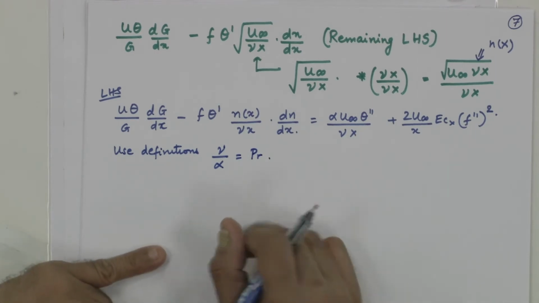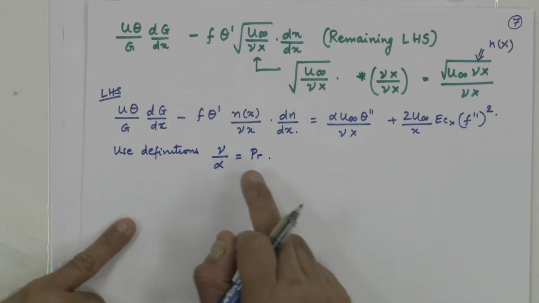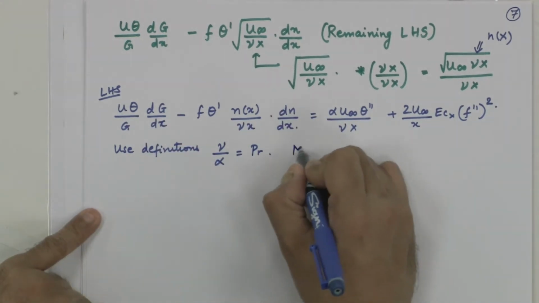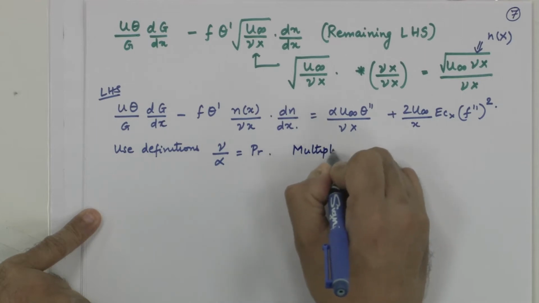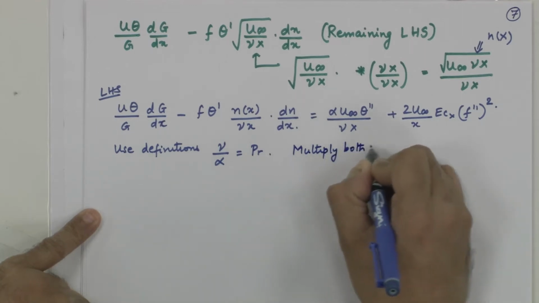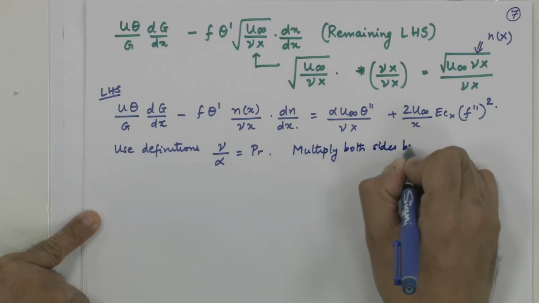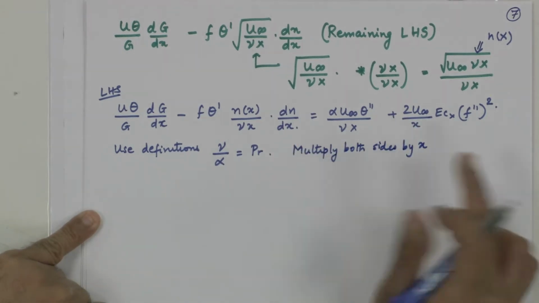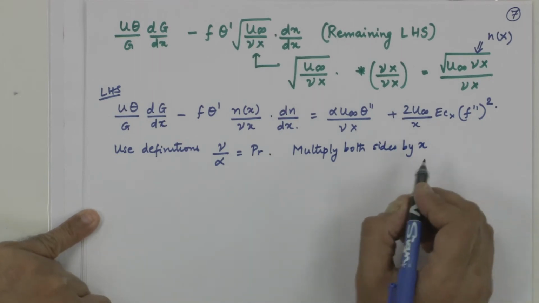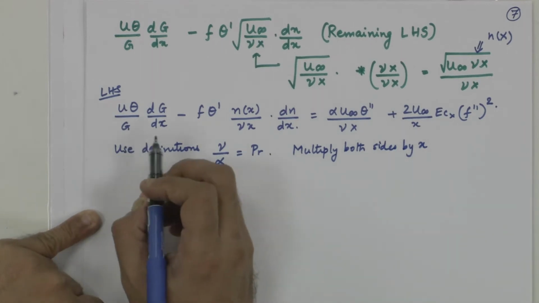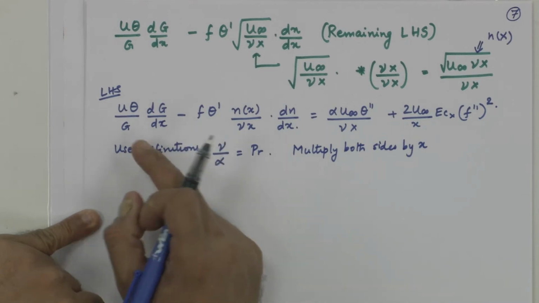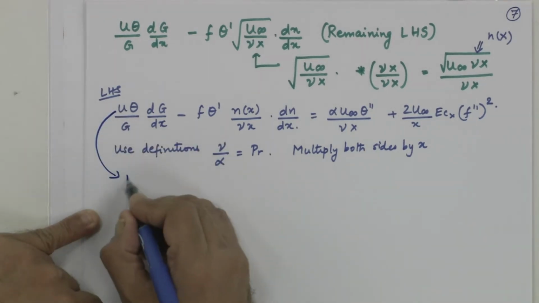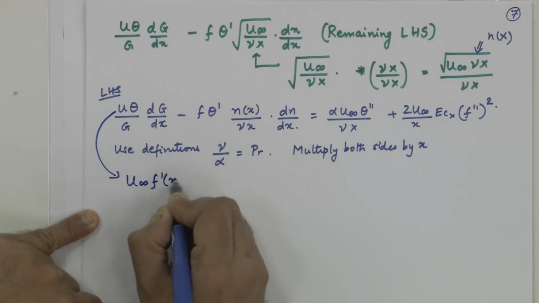Then we will manipulate things such that you multiply both sides by x. That way this x in the denominator is lost. So you multiply both sides by x. So I would get u theta, and actually u here is nothing but u infinity f prime of eta.